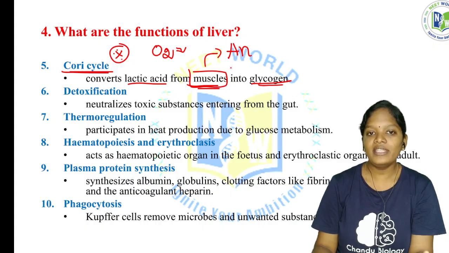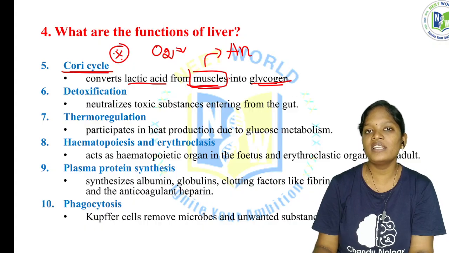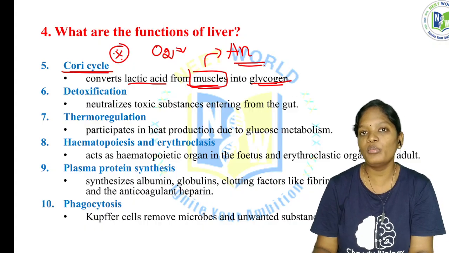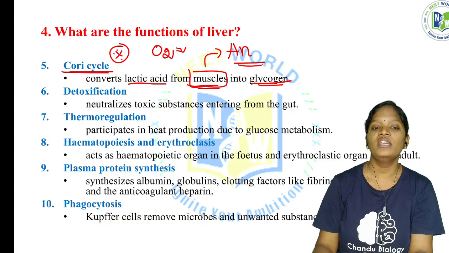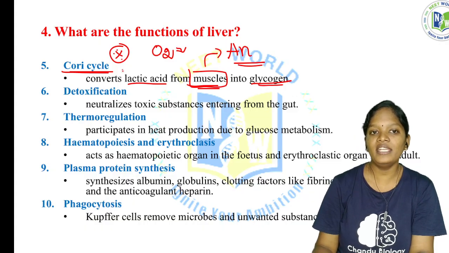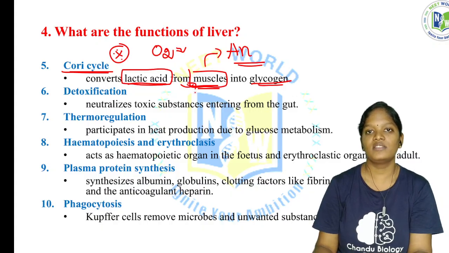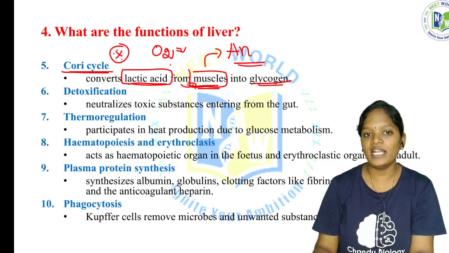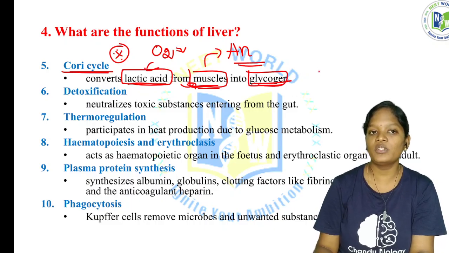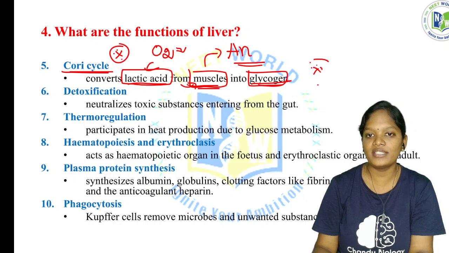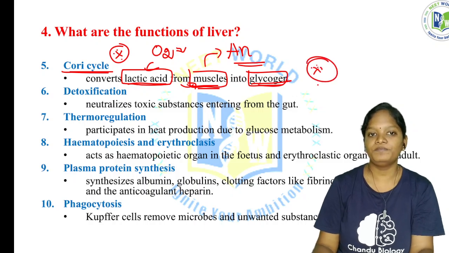At that time, as there is no oxygen, the cells shift to anaerobic respiration. So glucose is converted into lactic acid, and it has to be converted into glycogen. This cycle is called the Cori cycle.